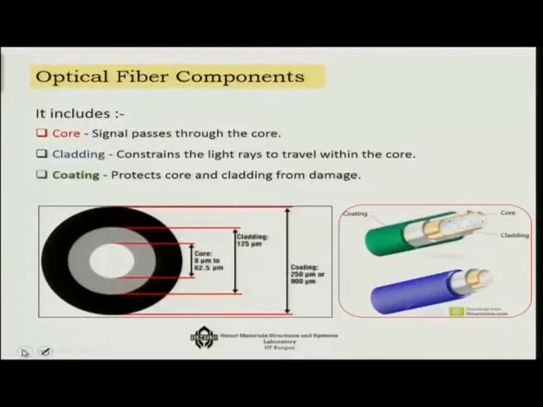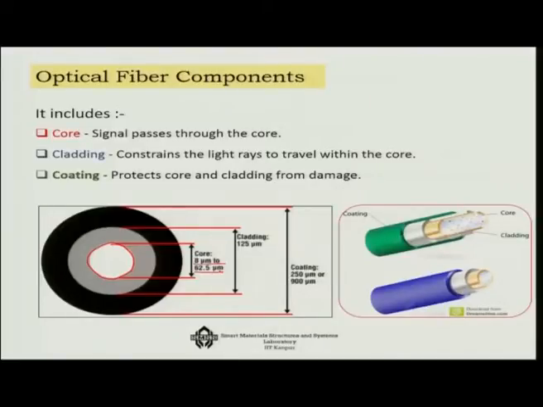Now, what exactly is the composition of the optical fiber? If you take a cross section of the optical fiber, you will see that at the very center there is the core, which is about 0.8 micrometer to 62.5 micrometer in diameter and actually passes the signal.